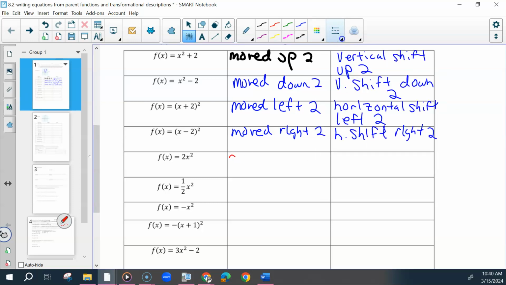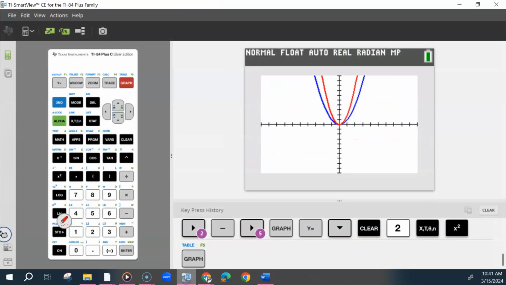So we'll just say that got thinner, either or. This is called a stretch. Go back to the graph. This is vertically stretching towards the y-axis. So the closer it gets towards the y-axis, the thinner it gets.